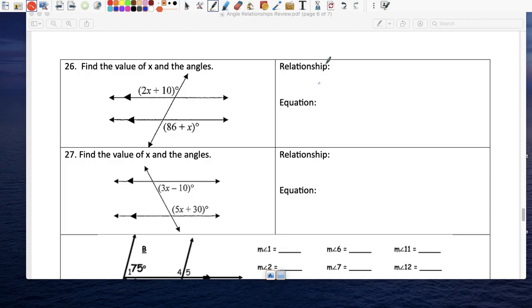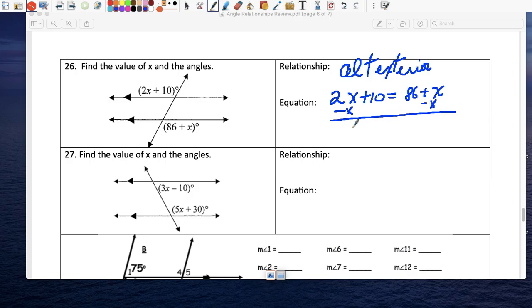Alternate exterior. They're alternate exterior, they're equal to each other, so 2x plus 10 equals 86 plus x. Minus x, minus x. x plus 10 equals 86.